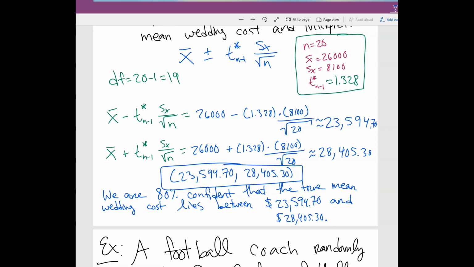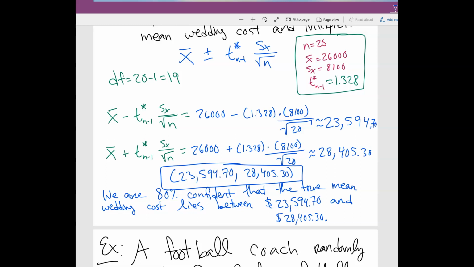So basically, this is going to be a really good 80% confidence interval to kind of give you an idea of where exactly the true mean wedding cost is. So if you're planning on getting married, this is how much money you can expect to spend, okay, on average between these two numbers.